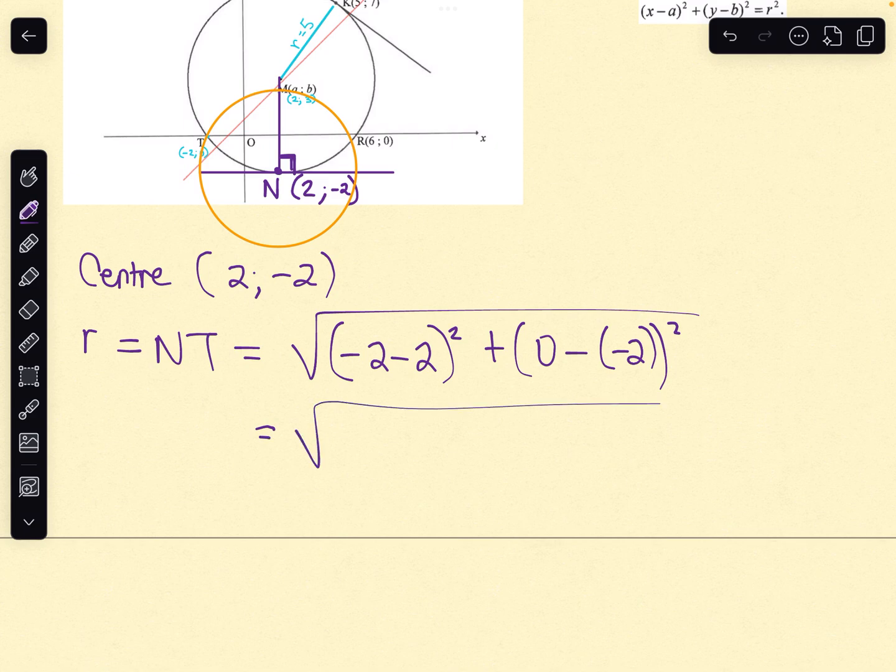So this ends up being minus 2 minus 2, which is minus 4 squared, is 16, and 0 minus minus 2, which is 0 plus 2 squared, is 4.